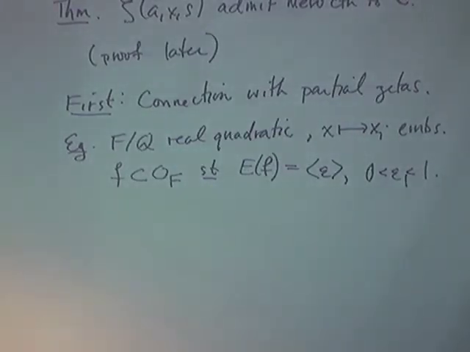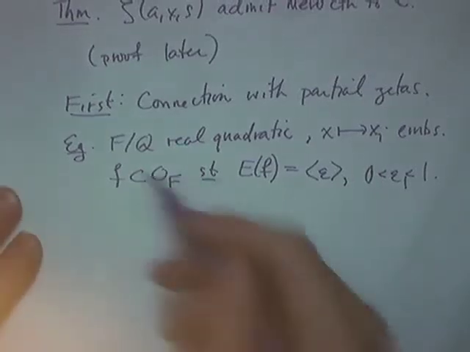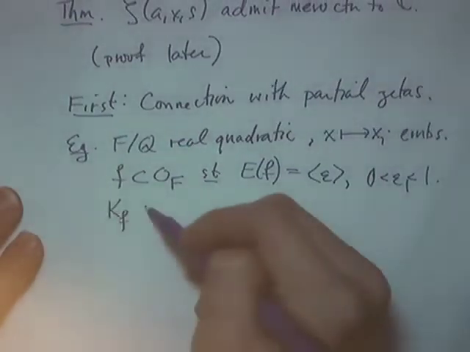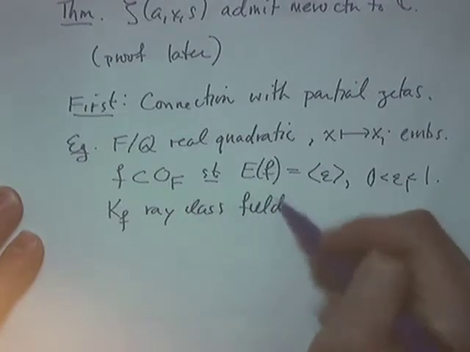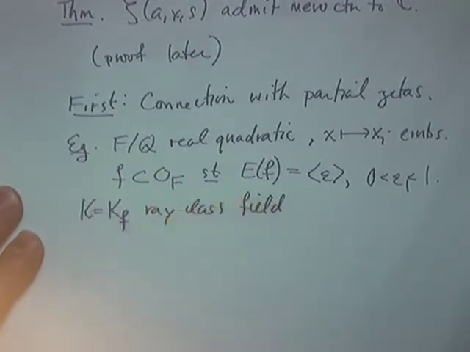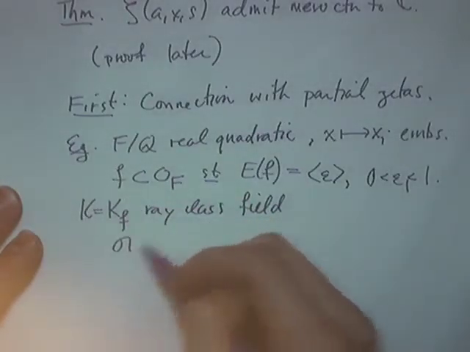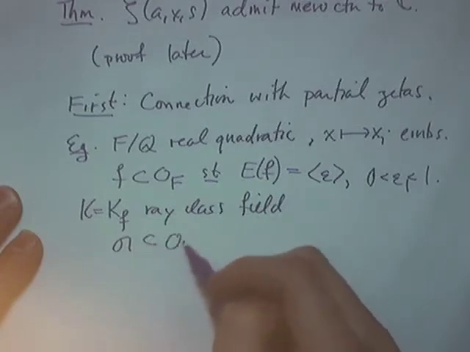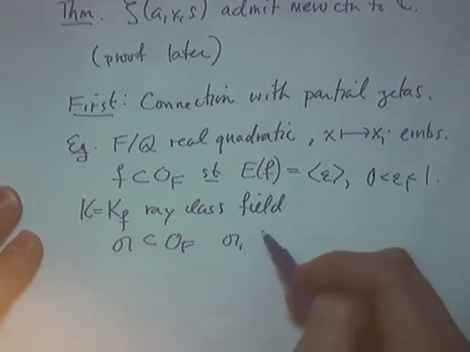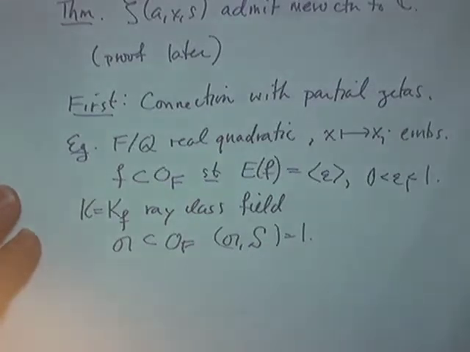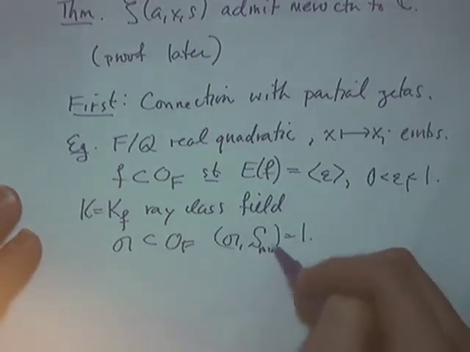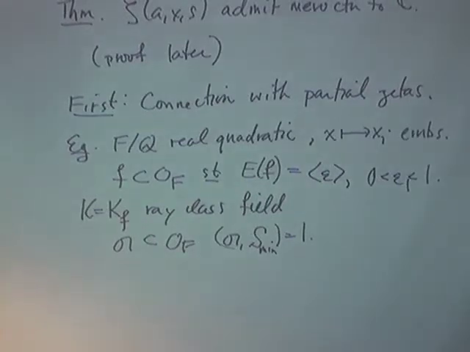If it isn't, take its inverse. And we'll look at the ray class field associated to this modulus f, and that's going to be the K that comes into the partial zeta functions. And let me choose an ideal of O_F, a, prime to everything in S. I'll take S to be the minimal one, the set consisting of all prime divisors of f together with the infinite places.